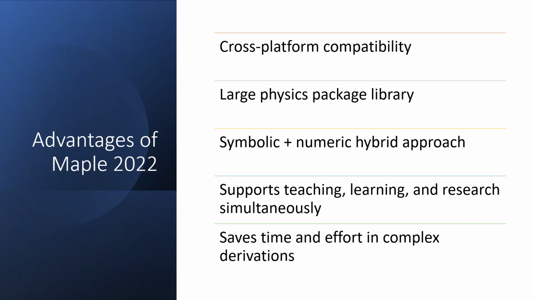Maple offers many advantages like cross-platform compatibility, a large physics package library, and a symbolic and numeric hybrid approach. It supports teaching, learning and research simultaneously by saving time on complex derivations.